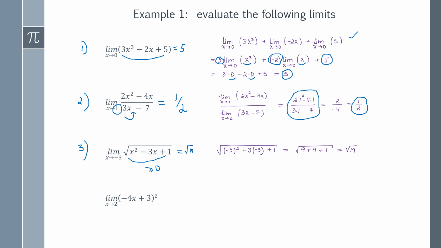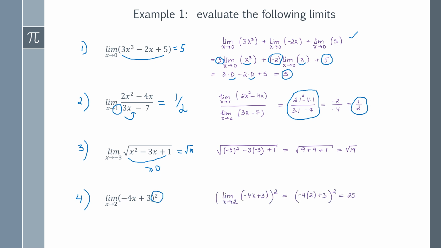Then the last problem for this slide would be the limit as x goes to 2 of the expression -4x plus 3, all squared. You might be tempted to multiply this power through. We don't need to. Recall that we can apply the power rule.